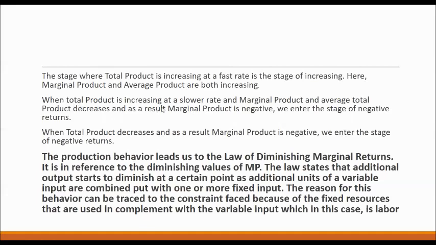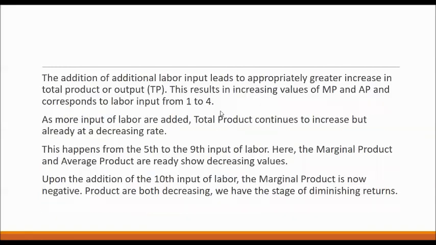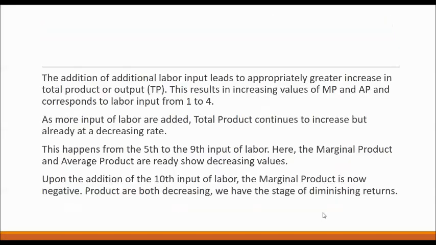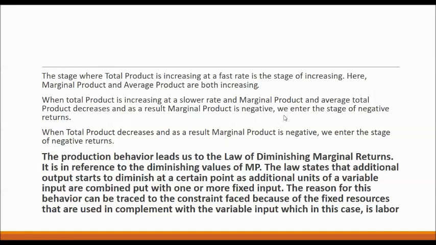When the total product is increasing at a slower rate, there is a slow decrease in the marginal and average product starting on the fifth quantity, until in the 10th quantity the result of marginal product is negative.